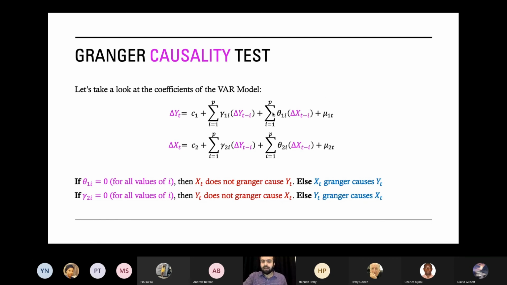And similarly, we have a vector of this. We are also looking at whether we have causality the other way around. So current values of xt are modeled against past values of yt and past values of xt.